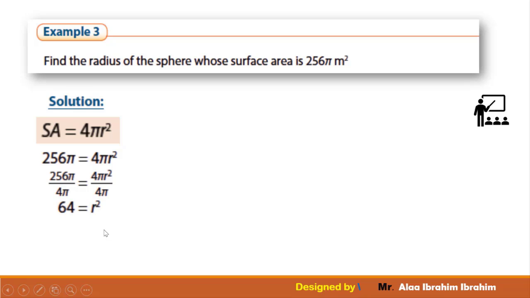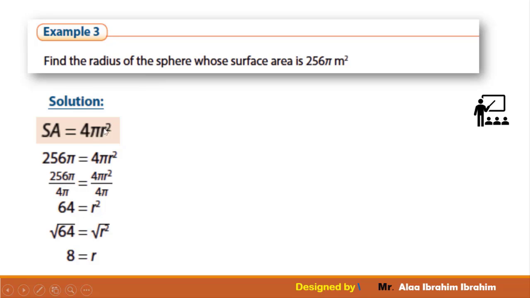Now I need to make r squared into r. So we need something to cancel the square, which means the square root. So the square root of r² and the square root of 64: the square root of r² is r and the square root of 64 is 8. Maybe I can give you something to help you more. I change my formula to suit example 3.